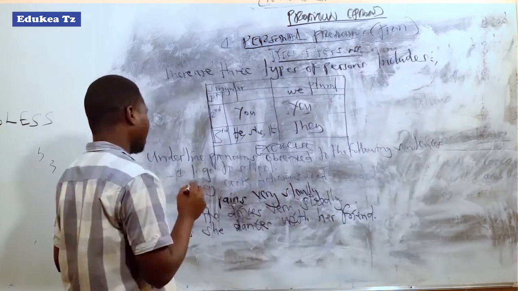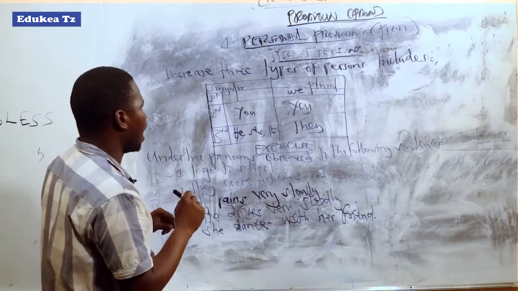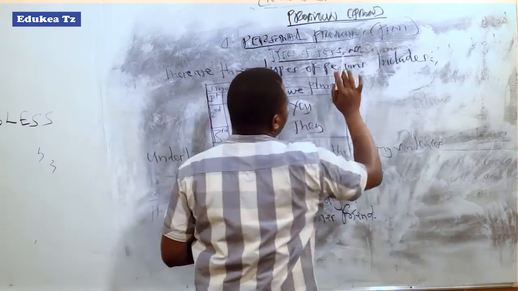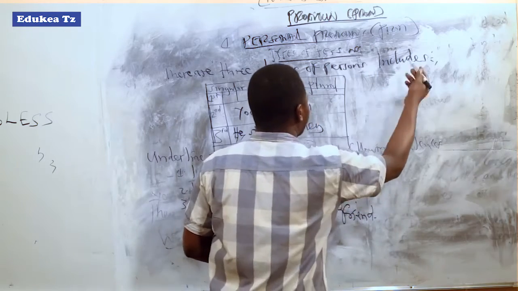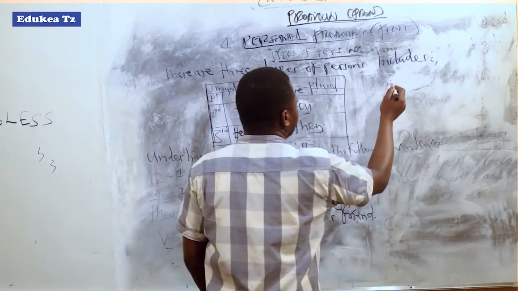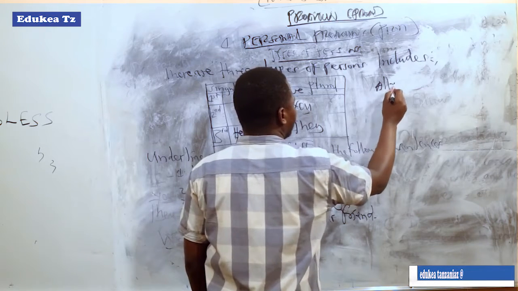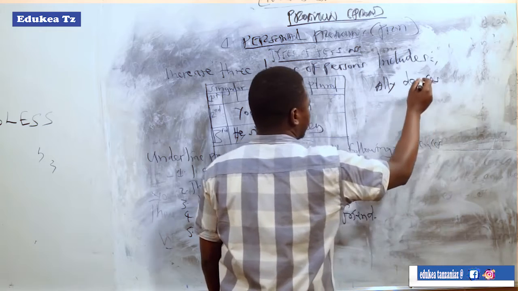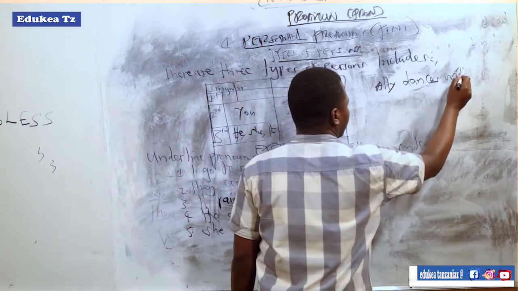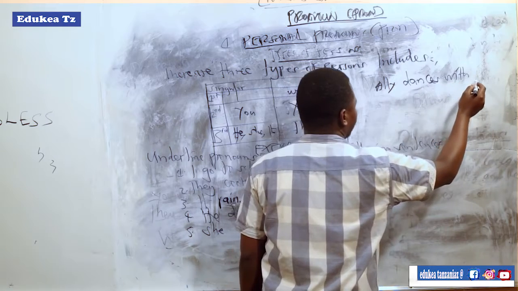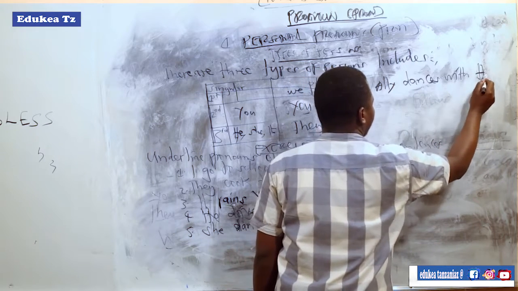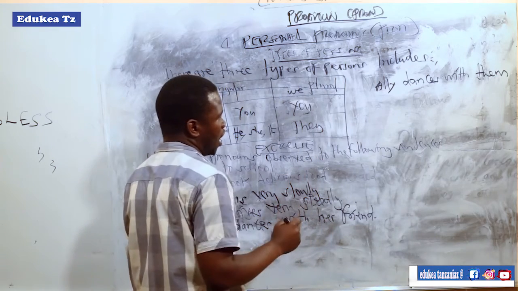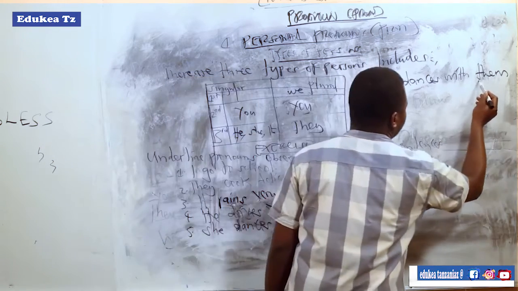So once you underline a given pronoun, under that pronoun you have to write this symbol. For example, if my sentence is Ali dances with them, here we have the pronoun them.